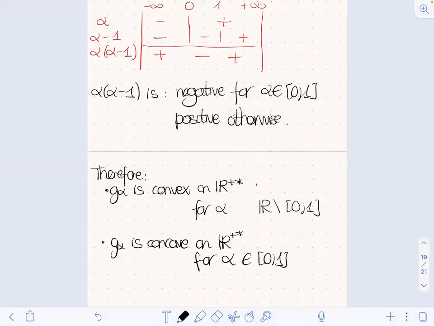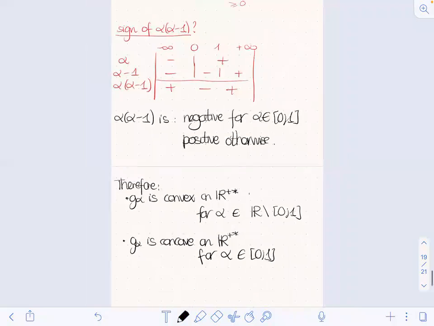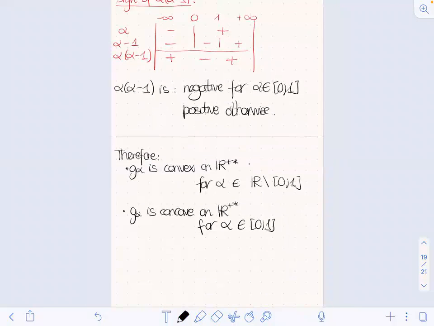Now, what setting does the square root function fall into? Where G alpha of x is concave. Exactly, yeah. So this setting here includes the square root function.